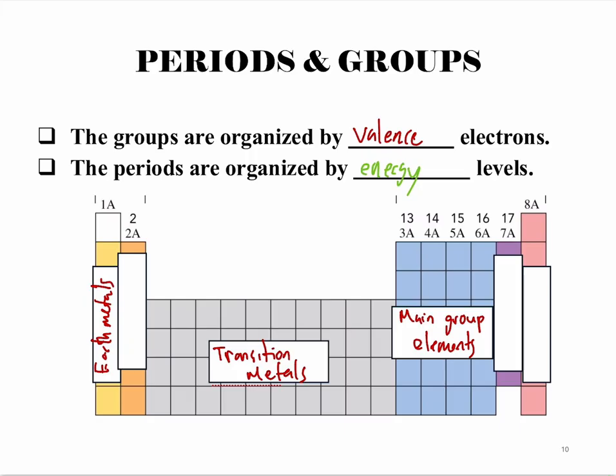Group 2 are called the alkali earth metals. Group 7 are called the halogens. Does anyone know what group 8 is called? The noble gases.